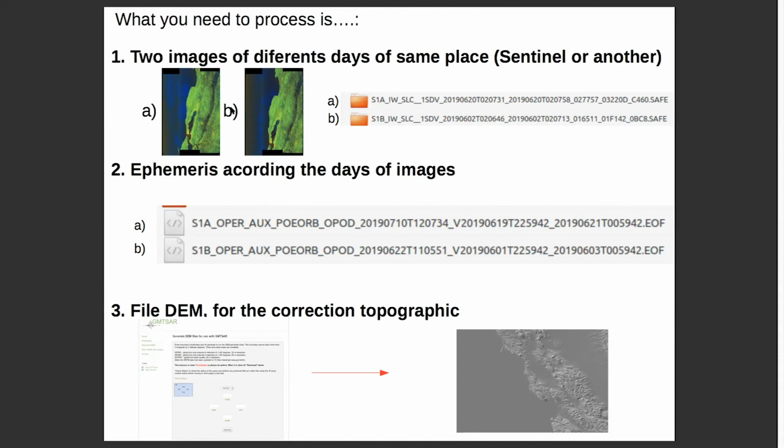Then you need the ephemeris according to the days of the images. This is the first ephemeris and the second ephemeris.